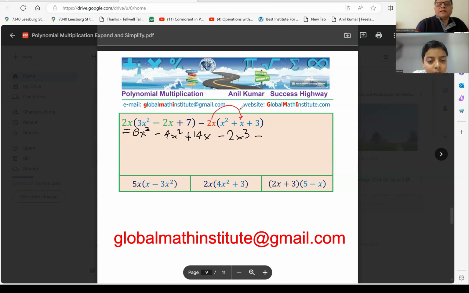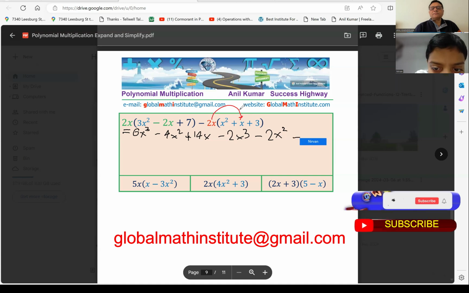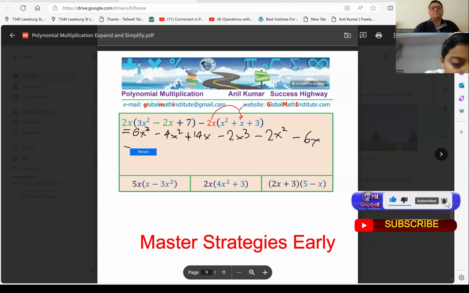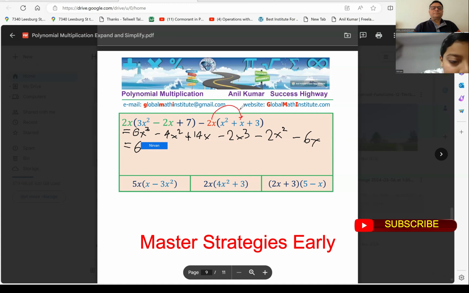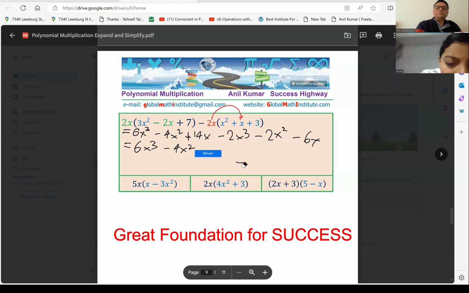What you're trying to do now is multiply this with x, right? You already did the first one. Minus 2x squared minus 6x. Perfect. So you will leave 6x cubed as such, minus 4x squared minus 2x squared.